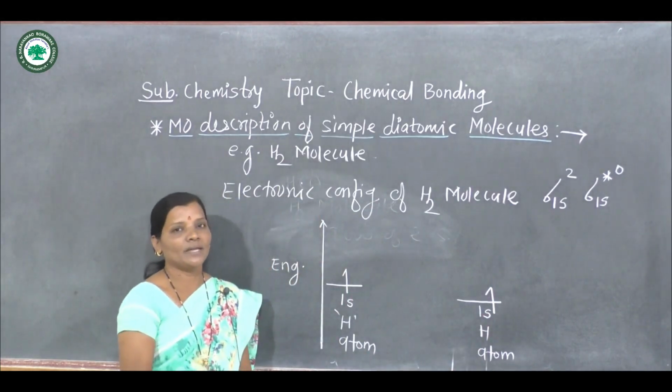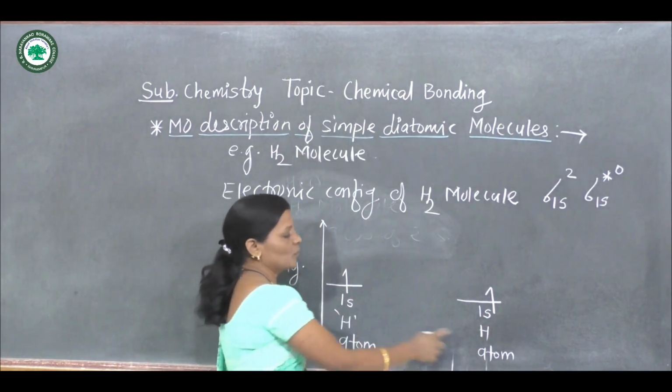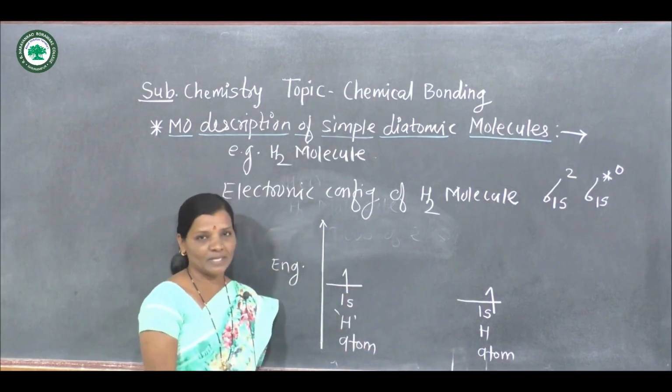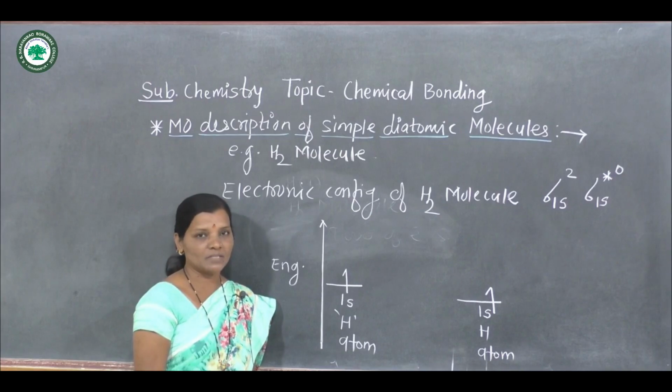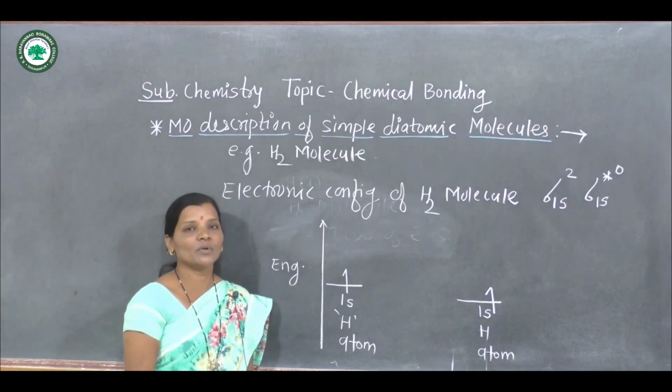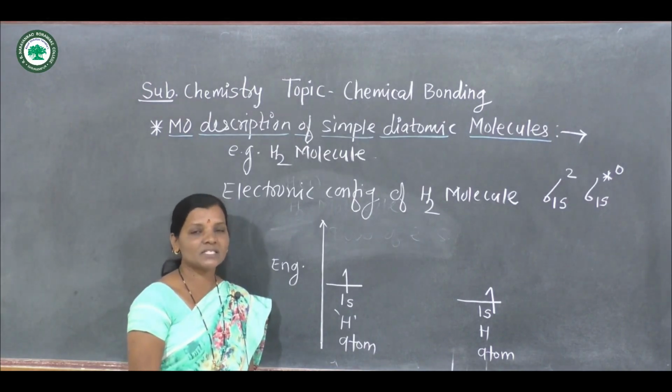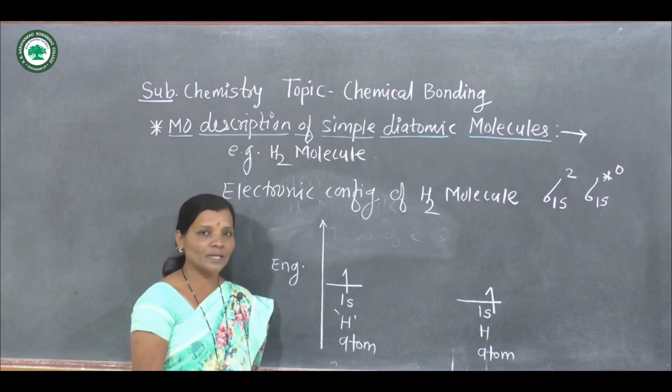Now when linear combination of both these hydrogen atoms takes place, there is formation of 2 molecular orbitals. One is the bonding molecular orbital and the second one is the anti-bonding molecular orbital.